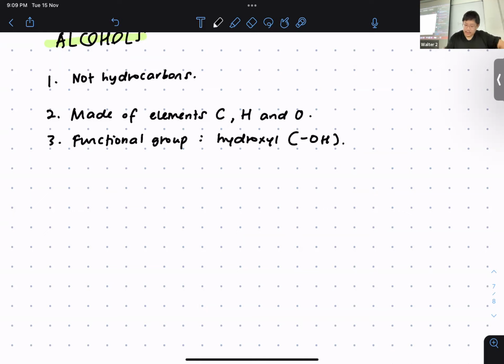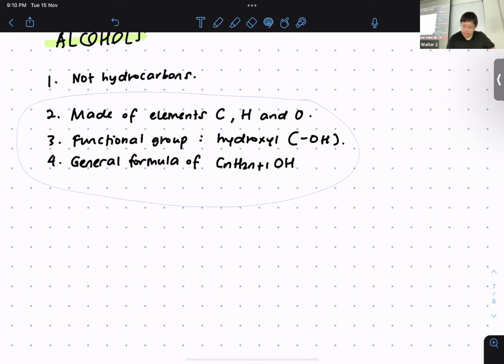And then it has a general formula of CnH2n+1OH. Okay, the general formula will be CnH2n+1OH.